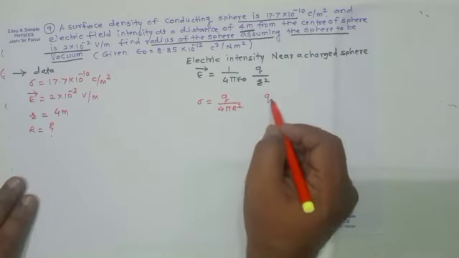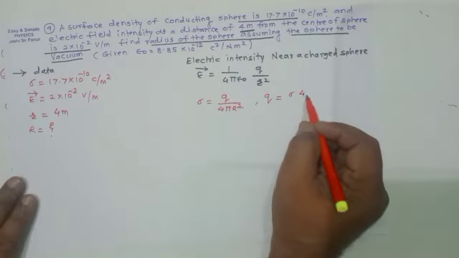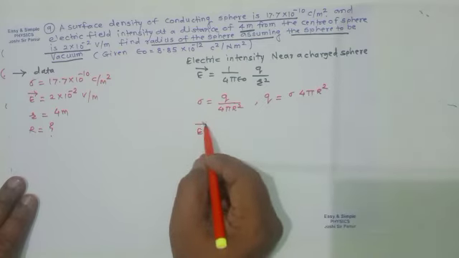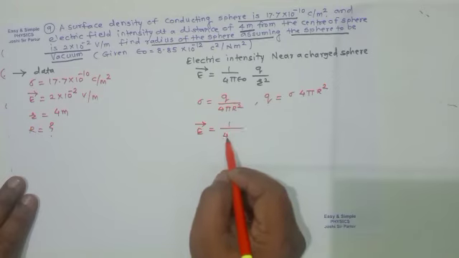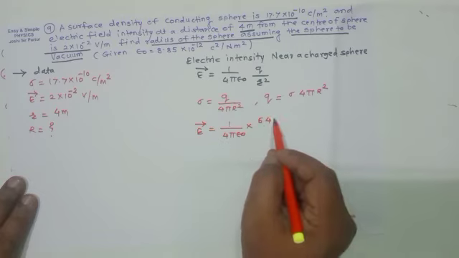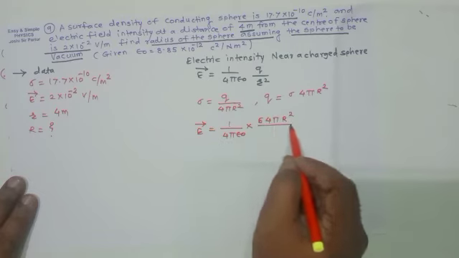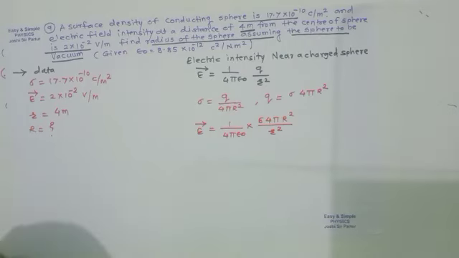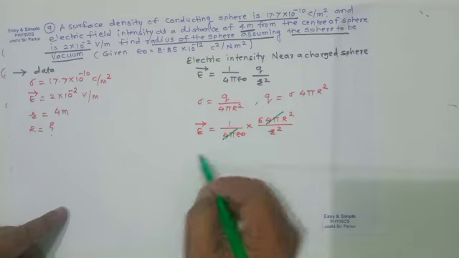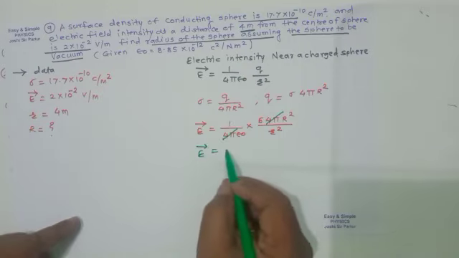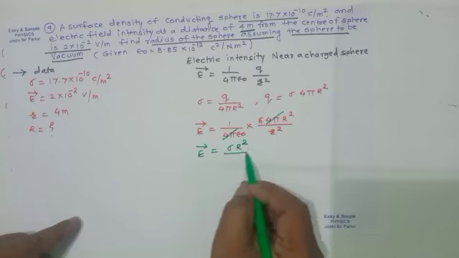So q is equal to sigma 4 pi r square. So here we can write vector E equal to 1 upon 4 pi epsilon 0 multiplied by sigma into 4 pi capital R square upon small r square. See here, 4 pi gets cancelled, 4 pi gets cancelled. So the formula becomes vector E is equal to sigma capital R square upon epsilon 0 small r square.